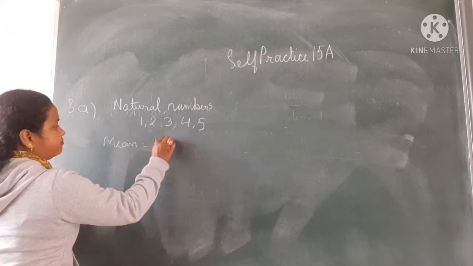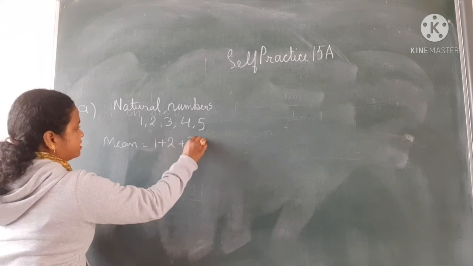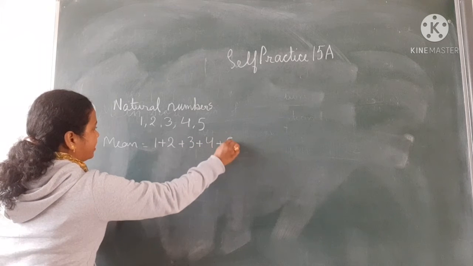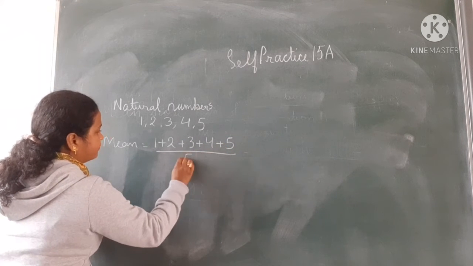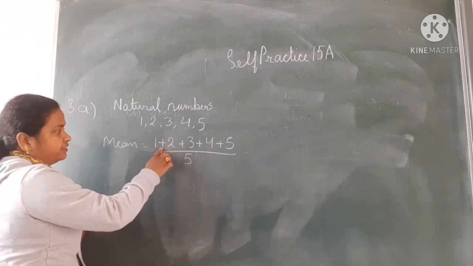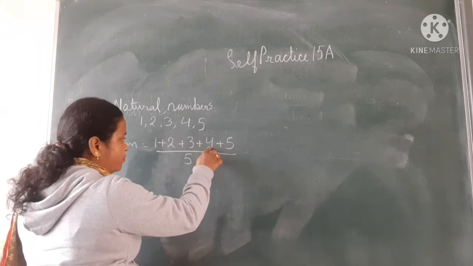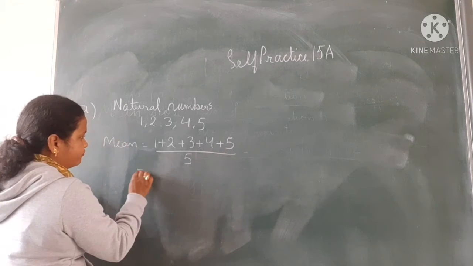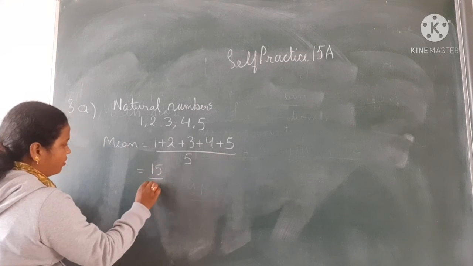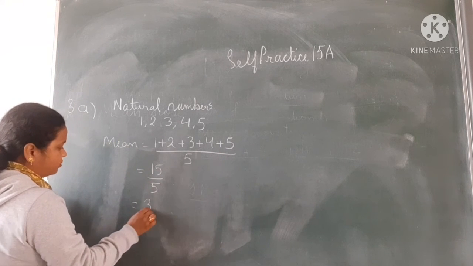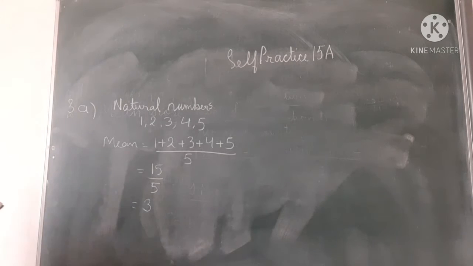Mean is equal to 1 plus 2 plus 3 plus 4 plus 5 upon 5. So 2 plus 1, 3, 3 plus 3, 6, 6 plus 4, 10, 10 plus 5, 15. 15 upon 5, that is equal to 3. The mean of the first 5 natural numbers is 3.